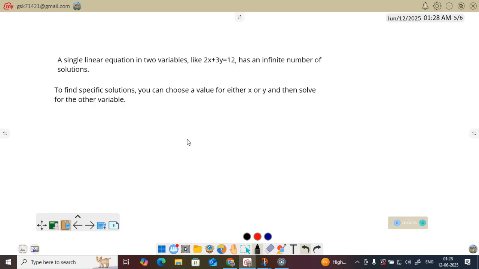A single linear equation in two variables like 2x plus 3y equal to 12 has an infinite number of solutions. This is our question. To find a specific solution, you can choose a value for either x or y and then solve for the other variable.